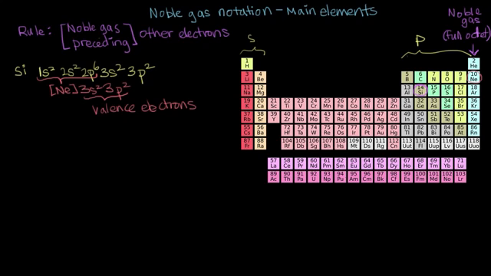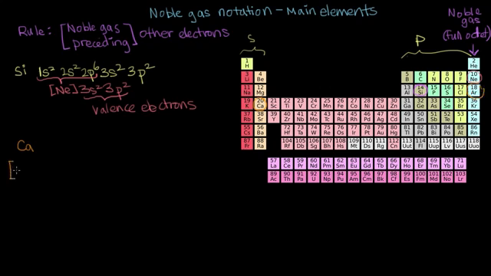We are going to go through one more example, and that will be calcium. Calcium is over here. This time we're not going to write the full electron configuration, we're just going to write the noble gas notation. For calcium, the noble gas immediately preceding it, if we go up a row and then over, is argon.